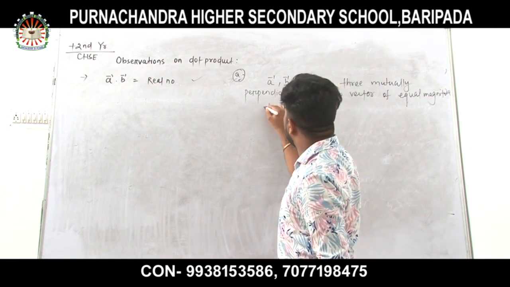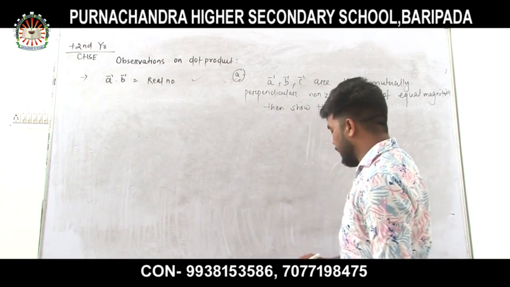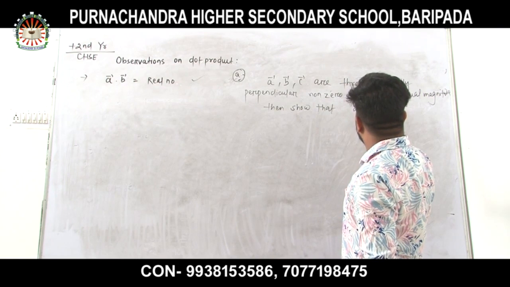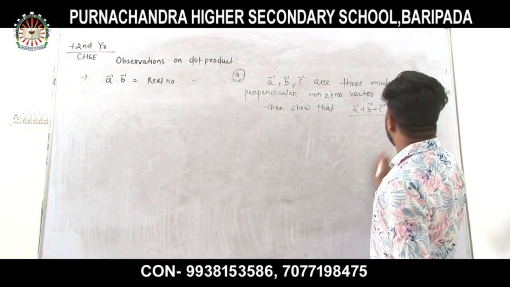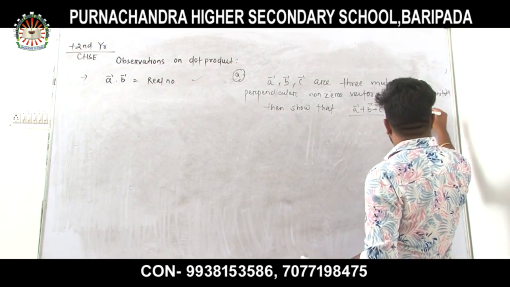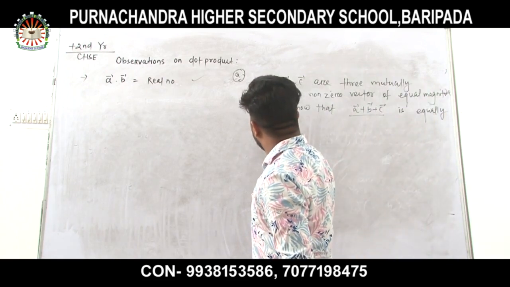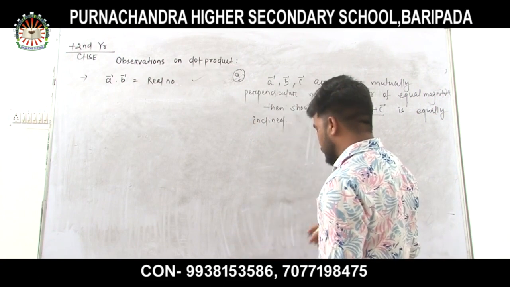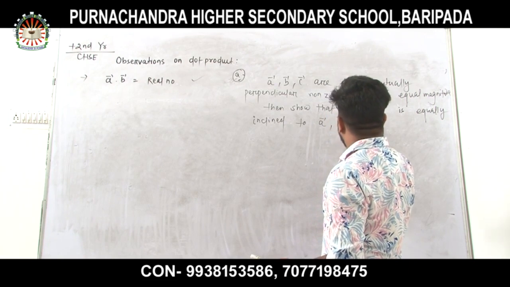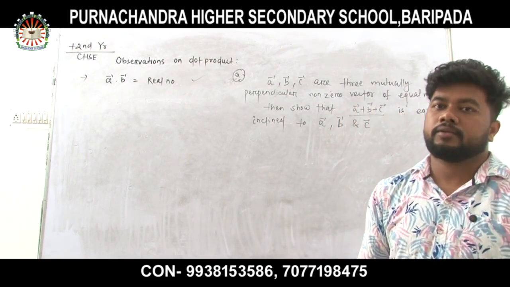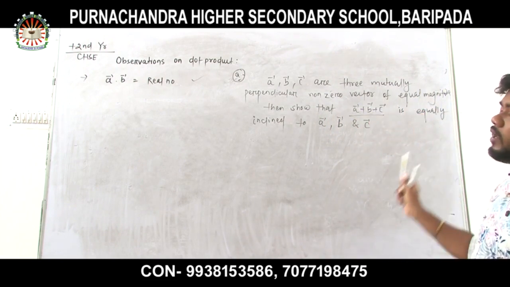Then show that A plus B plus C is equally inclined to A, B and C. A, B, C are three mutually perpendicular non-zero vectors of equal magnitude.